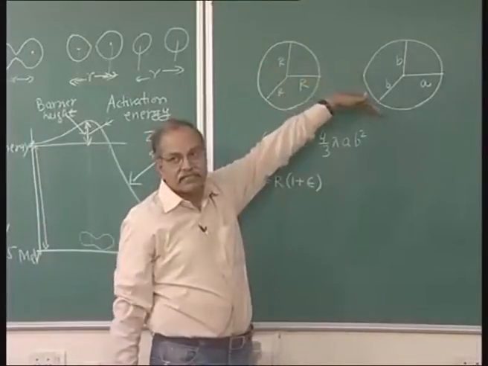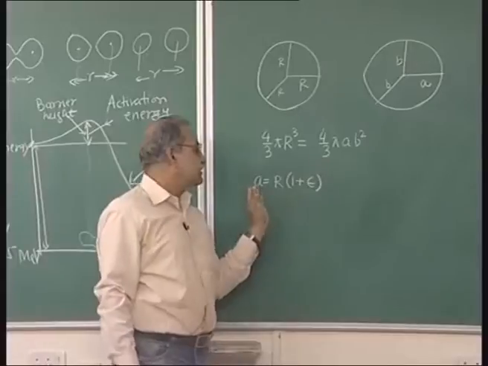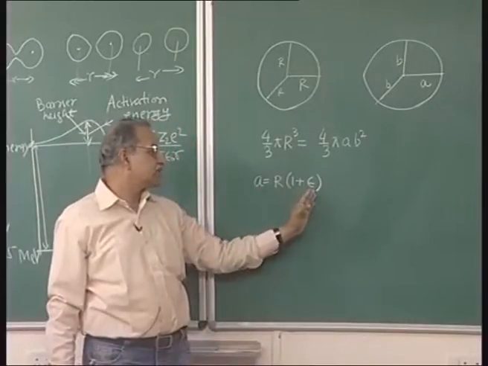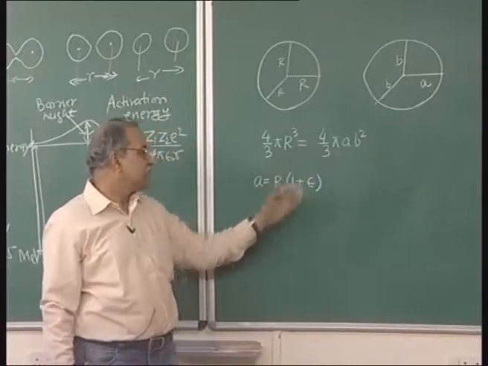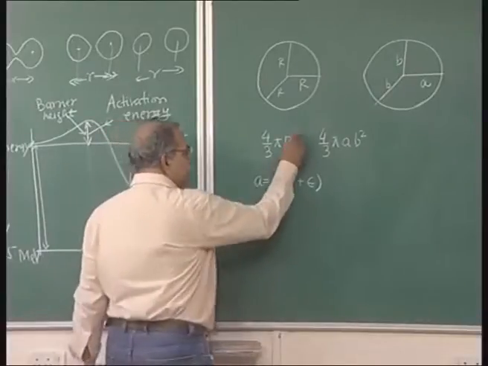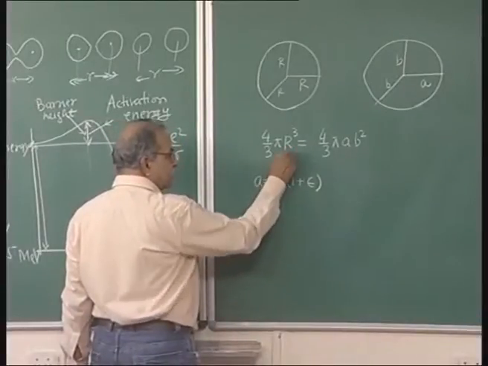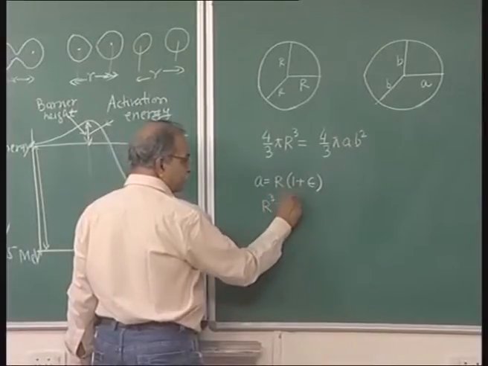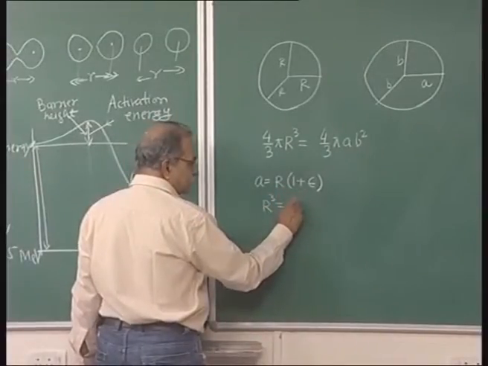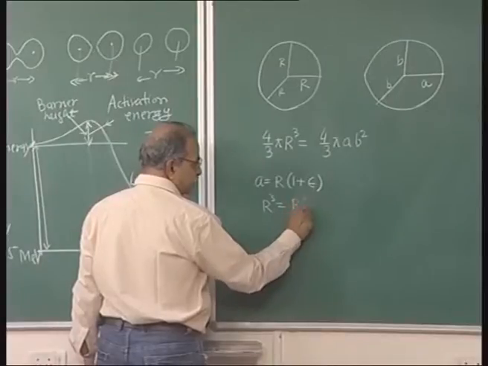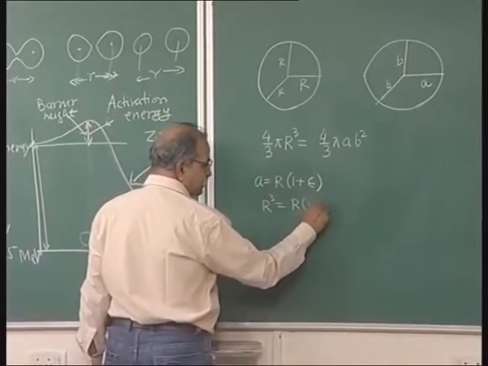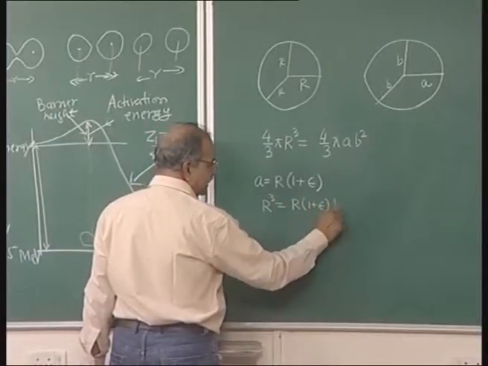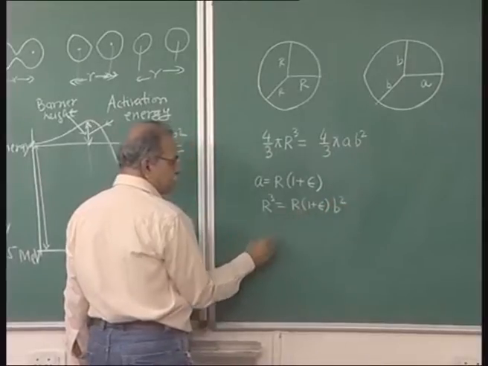So, B will decrease. I can put it here and see what B is. So, you have r cube equal to A B square, and from here you can work out what B is.